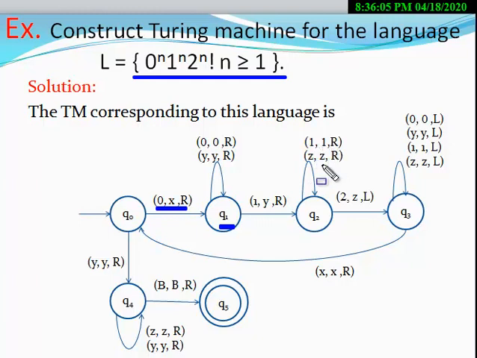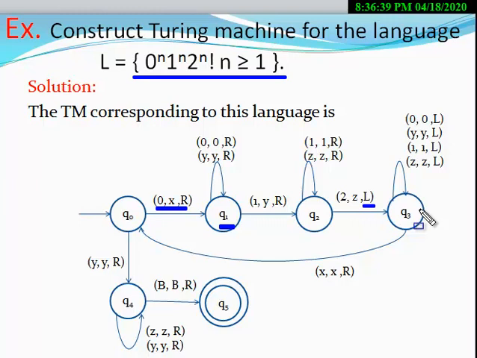If tape symbol 1 or Z appears, the machine only moves in the right direction. As soon as tape symbol 2 appears, the machine moves to the Q3 state, 2 is replaced by Z, and the machine moves in the left direction. So these three actions are applied here.